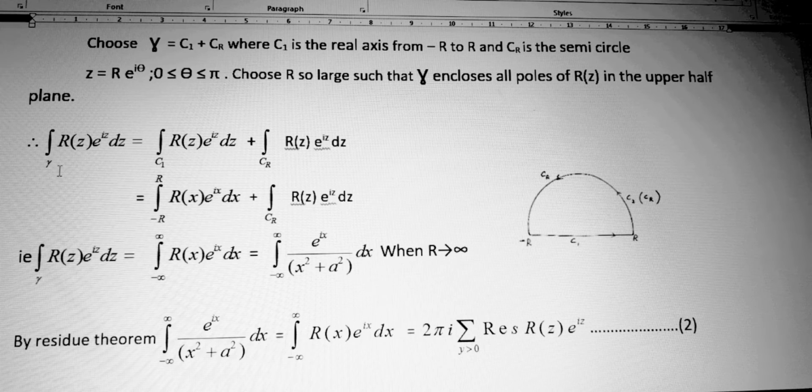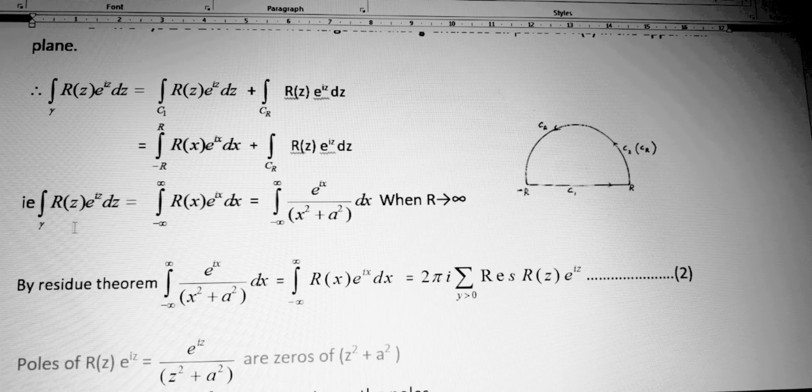Then the integral over gamma of R of z into e raised to iz dz equals the integral over C1 of R of z into e raised to iz dz plus the integral over CR of R of z into e raised to iz dz. On the real axis, this is the integral from minus R to R of R of x into e raised to ix dx plus the integral over CR, which tends to the integral from minus infinity to infinity of R of x into e raised to ix dx when R tends to infinity.